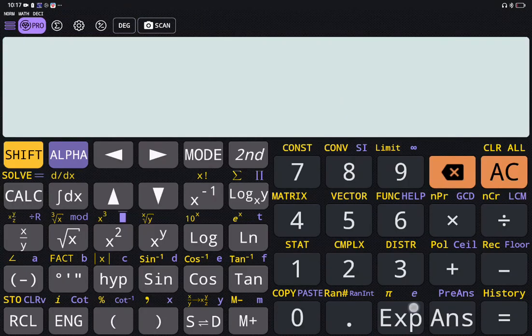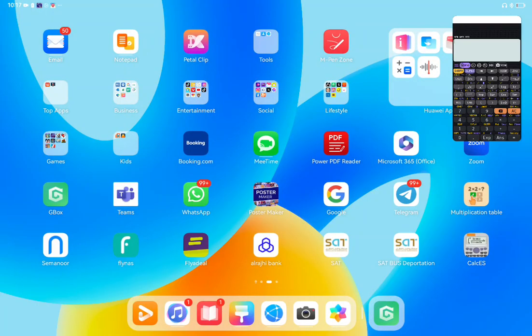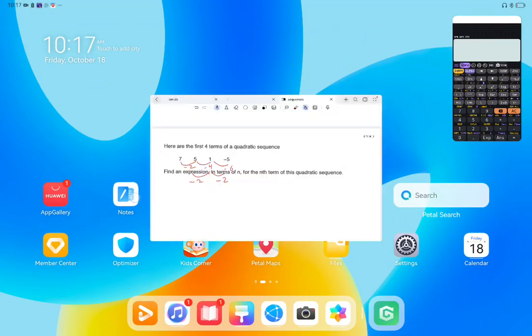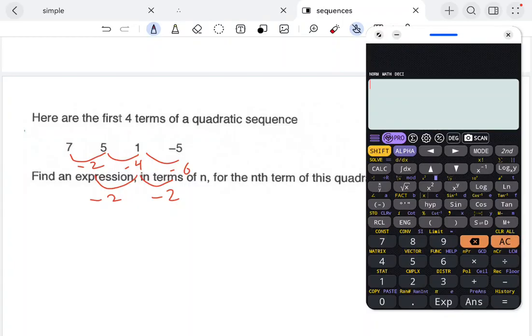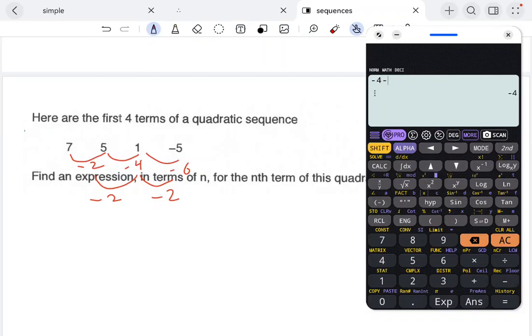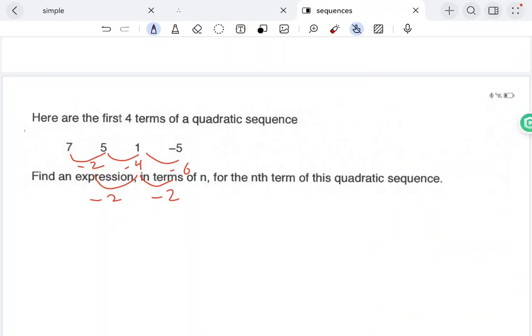How do I use the calculator? Just do second minus the first. I was confused about the second one. So negative 4 minus negative 2, look, it's negative 2. Negative 6 minus negative 4 is negative 2. Okay, so that means the second difference is common.